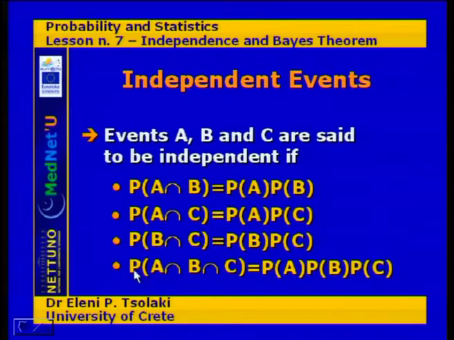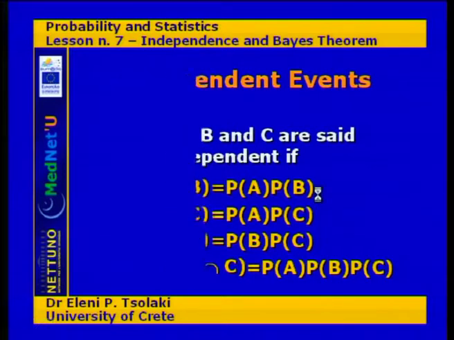And finally, we should take the intersection of all three events. The probability of A intersection B intersection C should be equal to the probability of A times the probability of B times the probability of C. Let's see an example here.